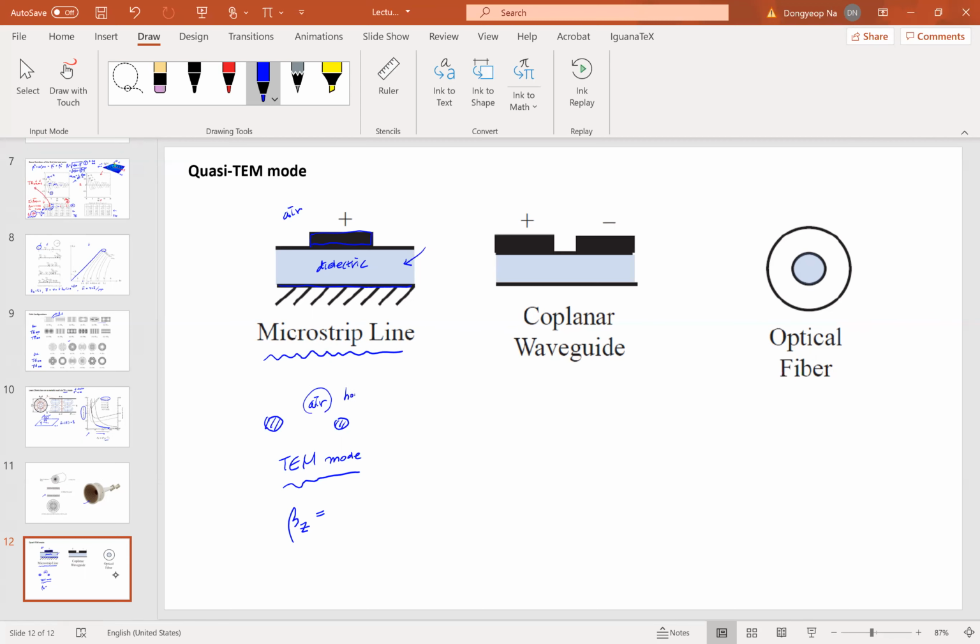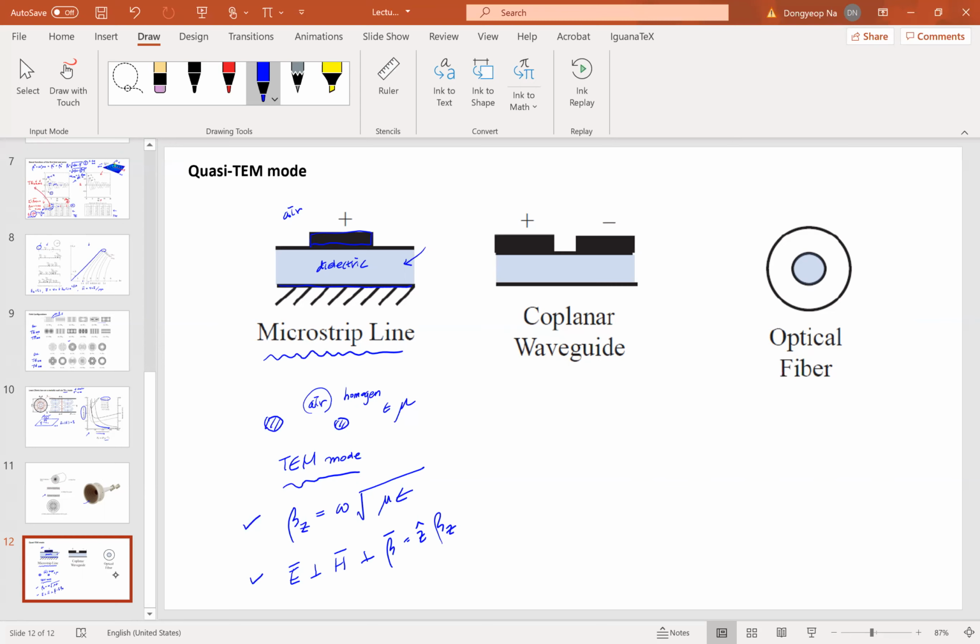Air or homogeneous medium, epsilon mu, so that it's gonna be omega mu 0. This is one property. The other property is that electric and magnetic fields should be constant, and they are also perpendicular to this wave number, if the wave is propagating in the z direction, okay.